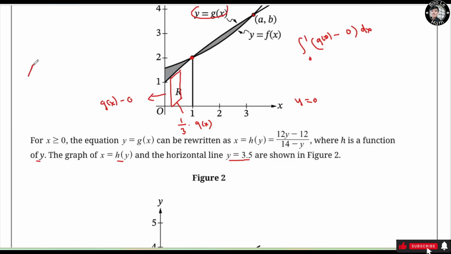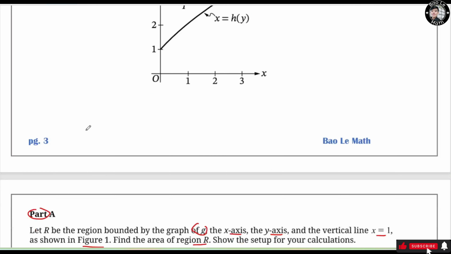So the volume is the integral from 0 to 1, length times height, right? So it could be g of x minus 0, times 1 over 3 times g of x, dx, right? I copy this one down over here.